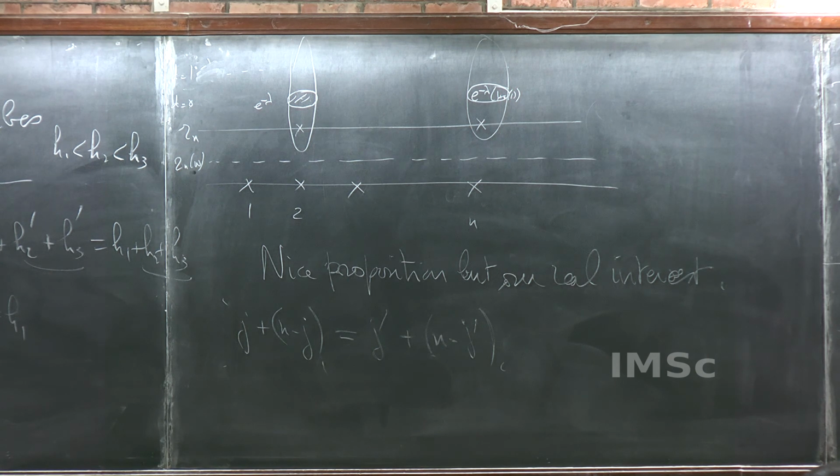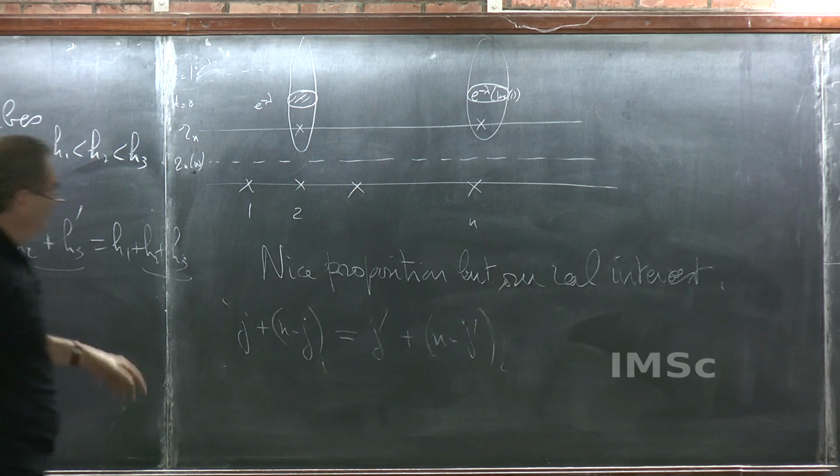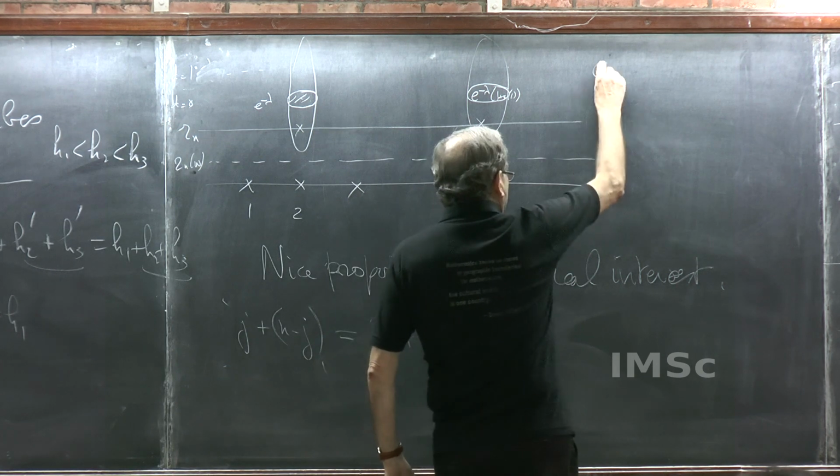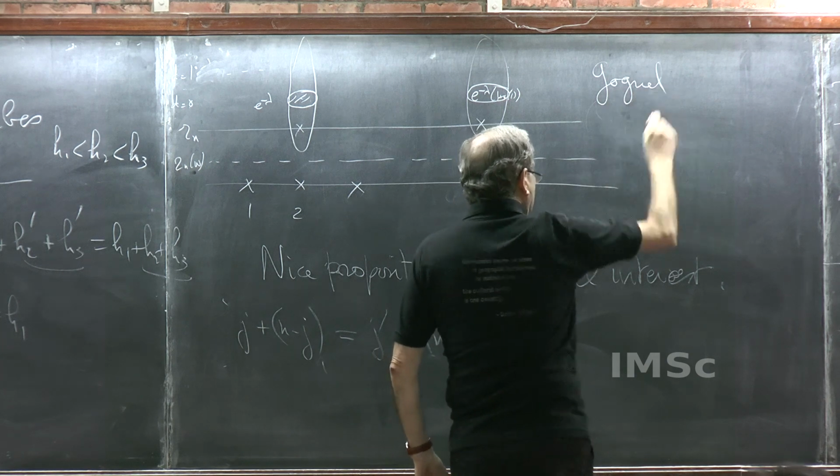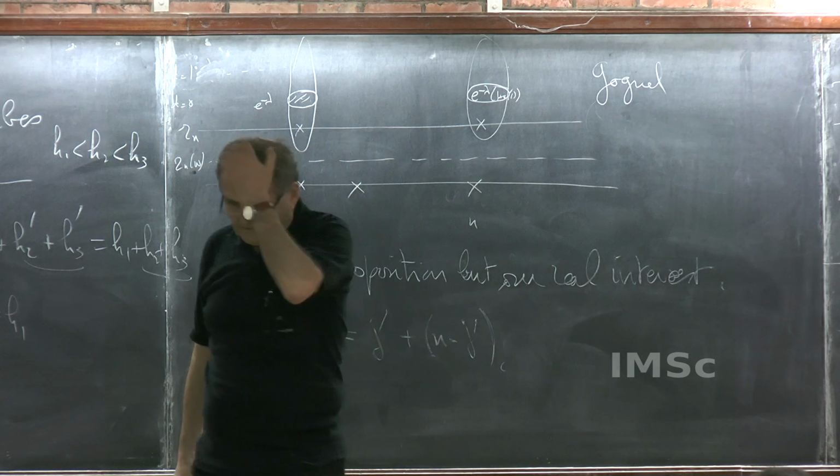And this is why, if you look in Halberstam and Roth, nothing is done for the pseudo cubes, because this is a real difficulty. This difficulty was solved by a student of Wirsing, Heinrich Gogel, in 75.